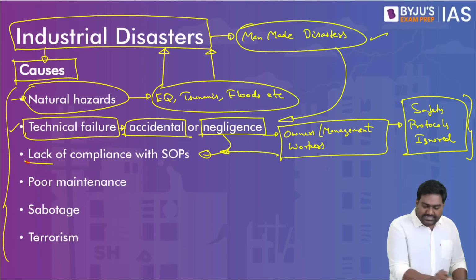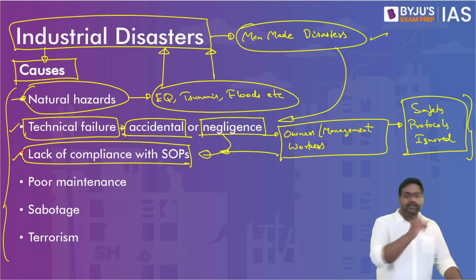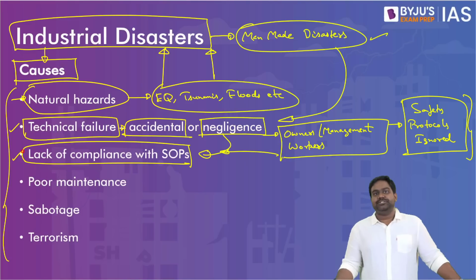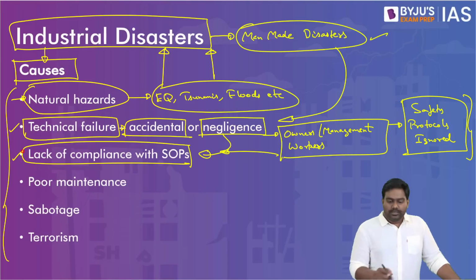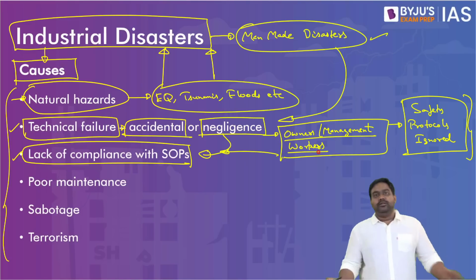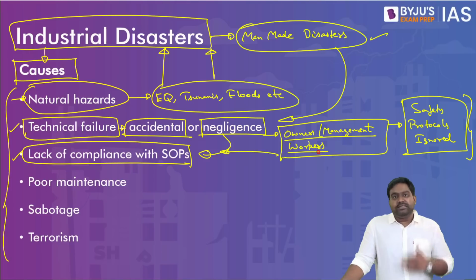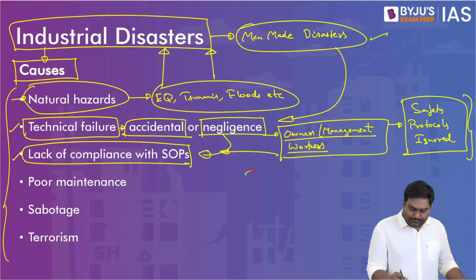For example, factory owners have an incentive to not comply with the SOPs, the standard operating procedures or standard operating protocols. For example, there will be government rules regarding servicing, maintenance and replacement of equipment. But owners and the management try to save money by not getting the equipment serviced. They might delay servicing. Periodic servicing might be delayed. Maintenance could be compromised.